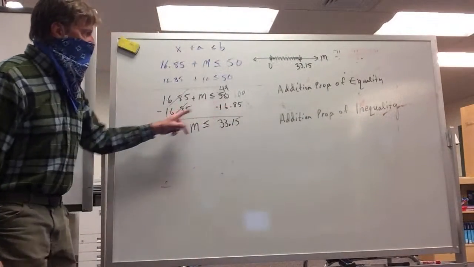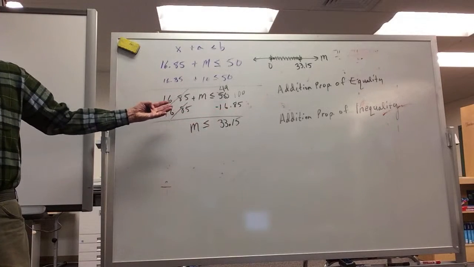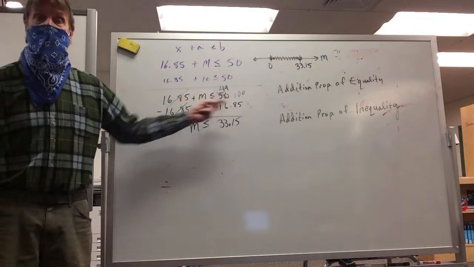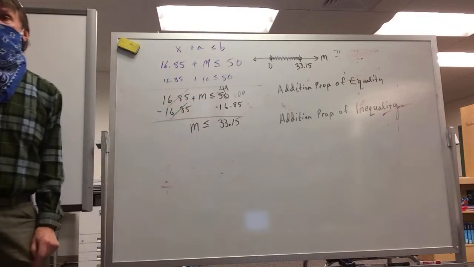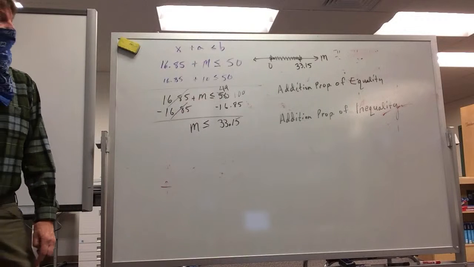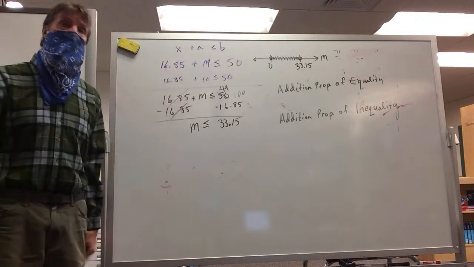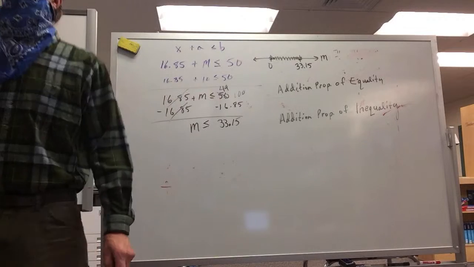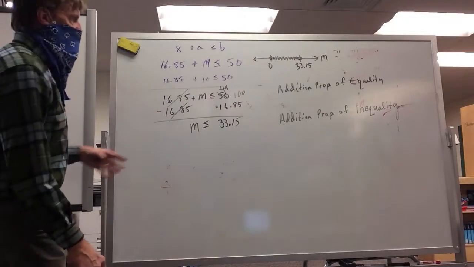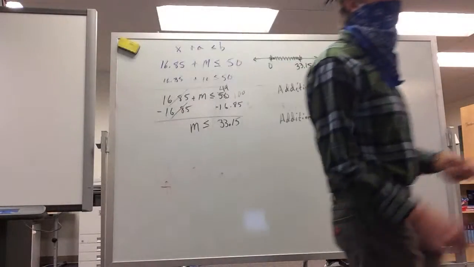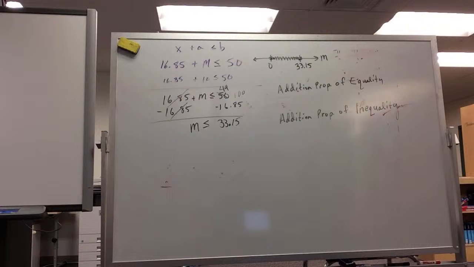So in this case here, we subtracted 16.85, or we could think of it as adding a negative 16.85, but we did it on both sides of the inequality symbol. And that allowed them to stay even. It's like if you're taller than he is and you both grow the same amount, you're still taller than he is, right? Yes. Yeah. So with the addition property of equality, if 2 things are equal to each other and they both change by the same amount, they're still equal.